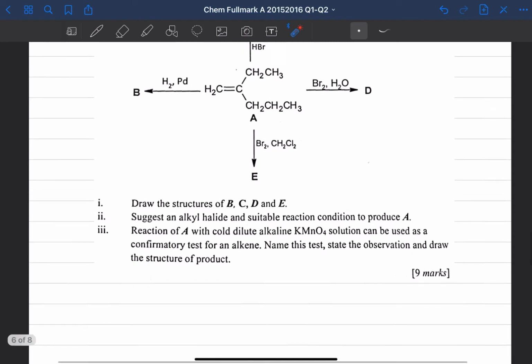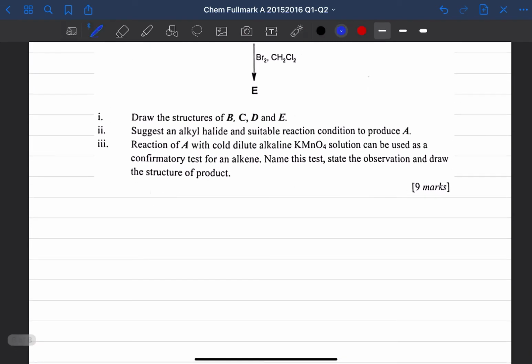So the structure of B. Number 1, structure of B. So you will have CH3, CH, because we add hydrogen to the double bond.